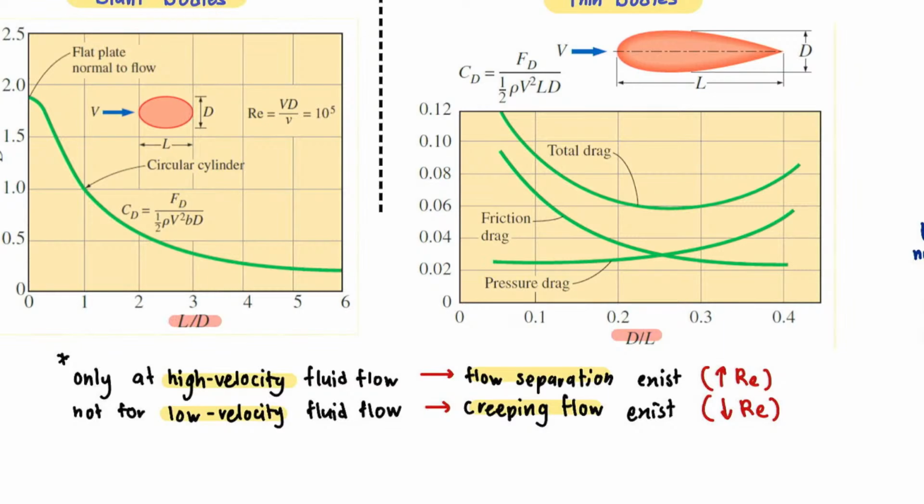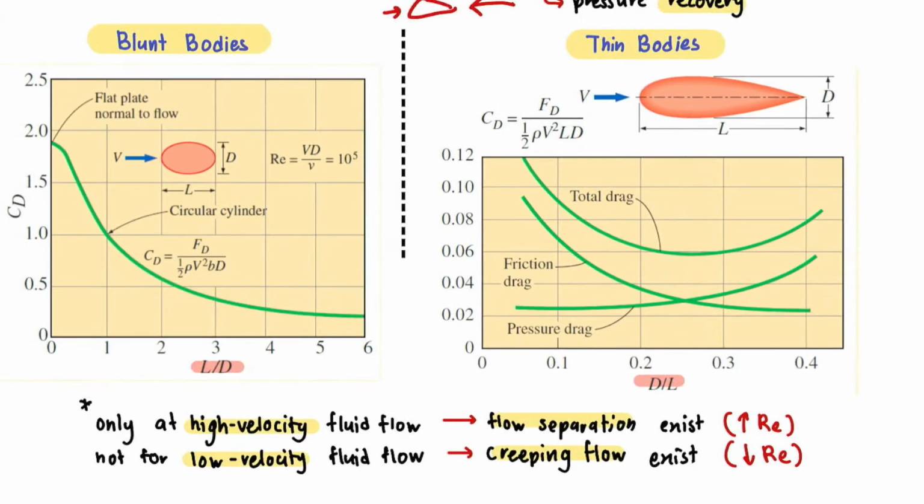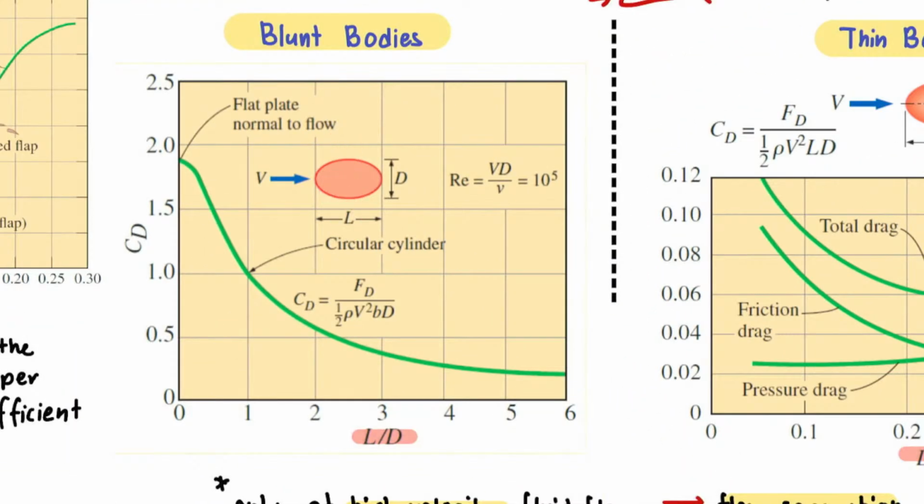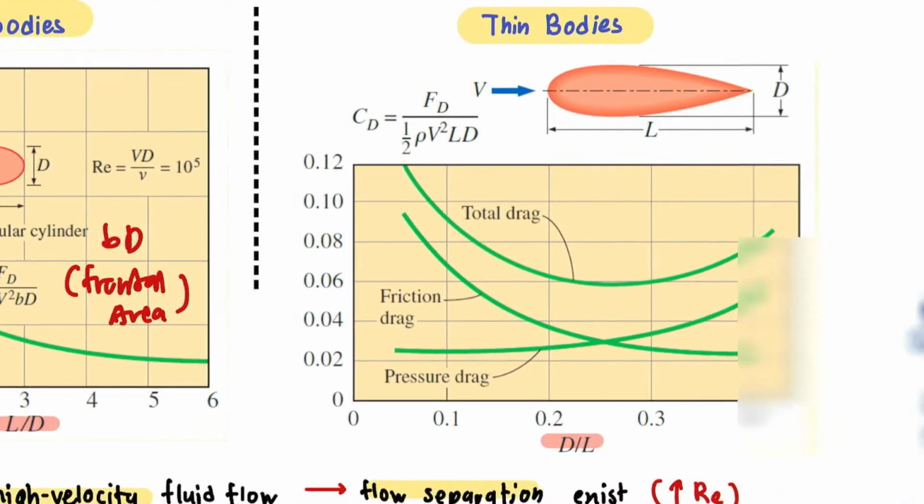So this is the blunt bodies and this is the thin bodies. As you can see, the area that it is considered is the BD. BD is the frontal area. Sini orang guna LD.